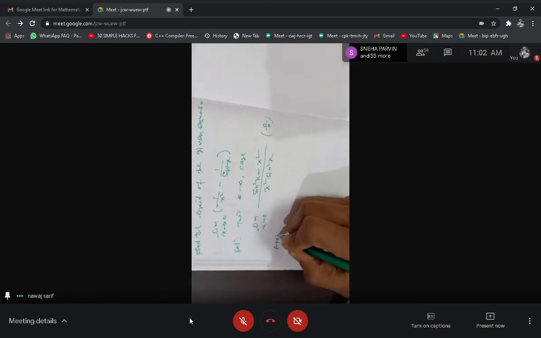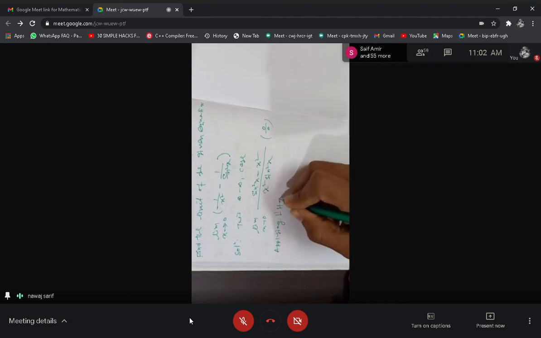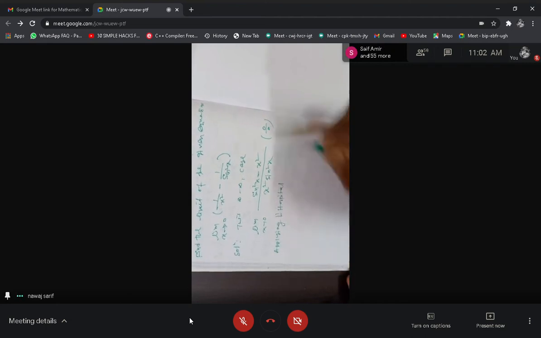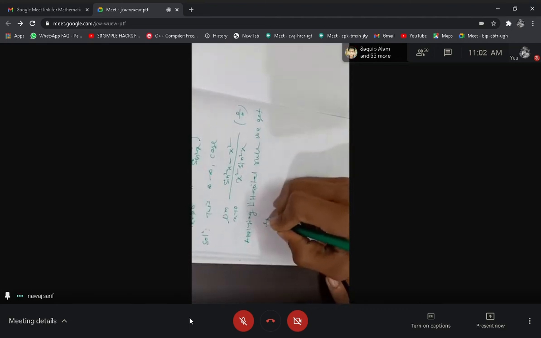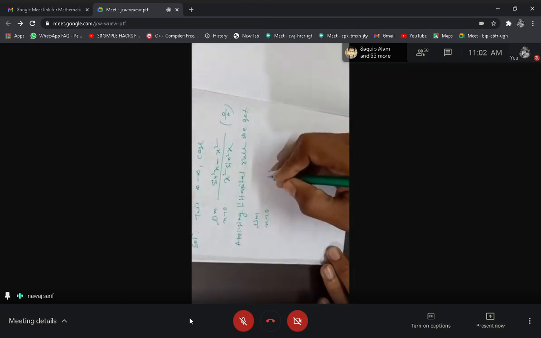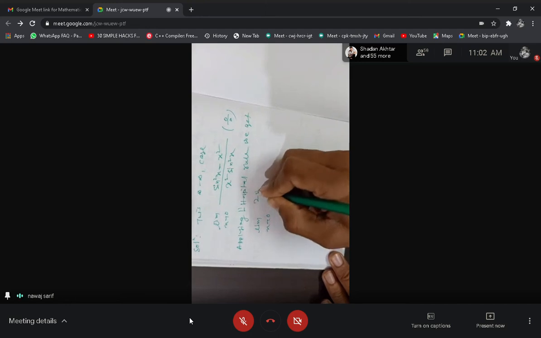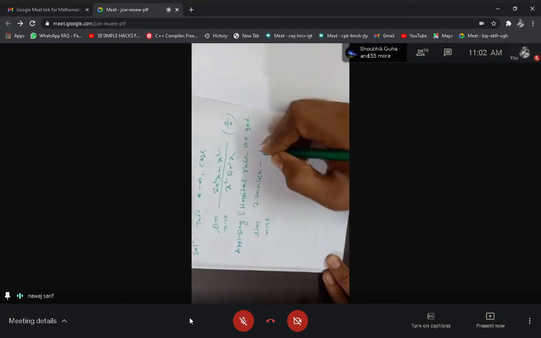Applying L'Hospital rule, we get, what is the derivative? The derivative of sin square x is 2 sin x into cos x, and this is minus 2x.